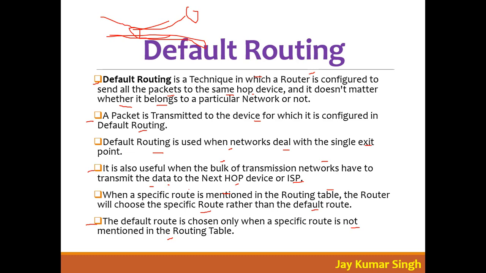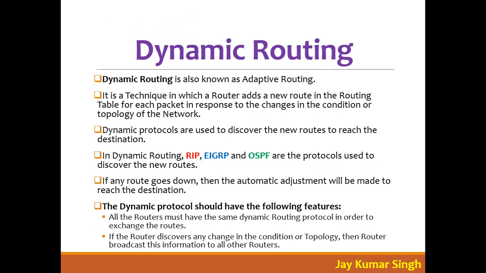And dynamic routing. Dynamic routing is known as adaptive routing, meaning I accept your neighbor's routing. It is a technique in which routers add a new route in the routing table for each packet in response to a change in the condition or topology of the network.